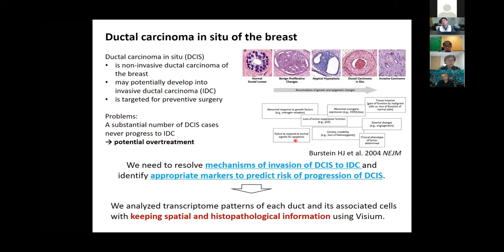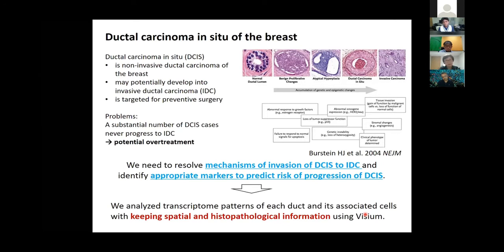Because those initial events may take place in a quite limited area of the cancer, we made use of the spatial transcriptomic analysis using Bayesian this time.